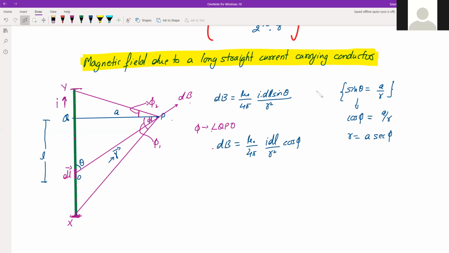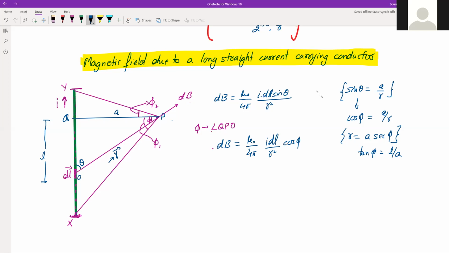So either I change r to phi or phi to r. That's what we are doing here. r is equal to a secant phi. So r becomes a secant phi. And what else do we have? We have tan phi. Later we'll use it. So tan phi will be equal to L by a.